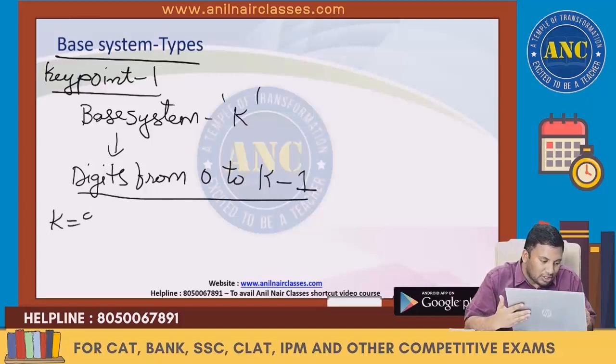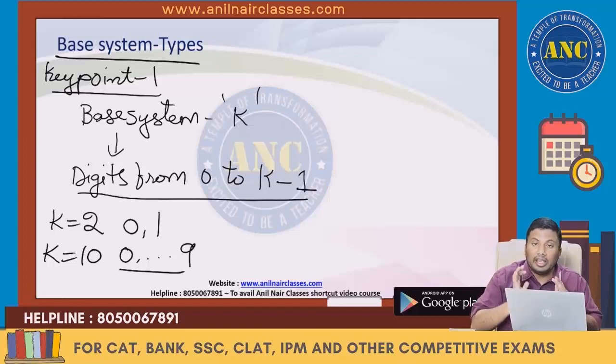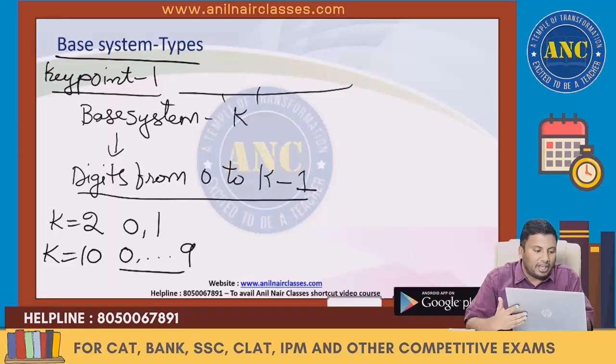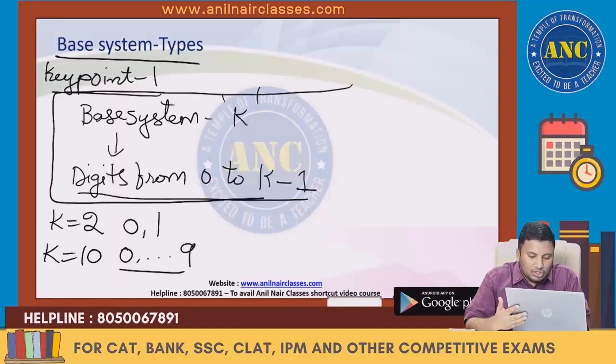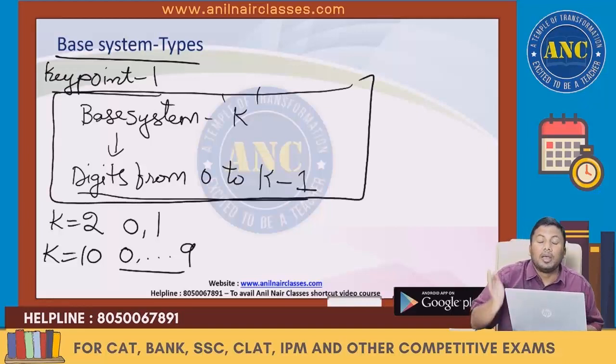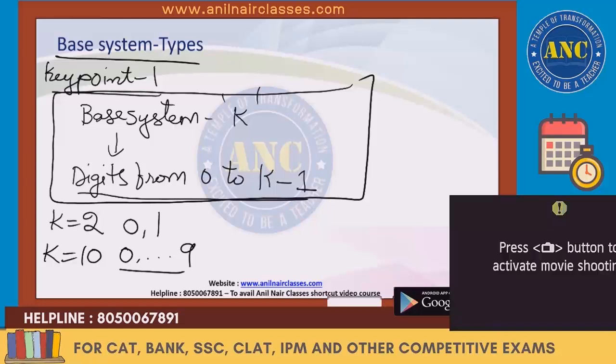If K is 2, digits will be 0, 1. If K is 10, digits will be from 0 to 9. In a base system K, there will be digits from 0 to K minus 1. Because I am starting at 0, I have to end at K minus 1. Why?